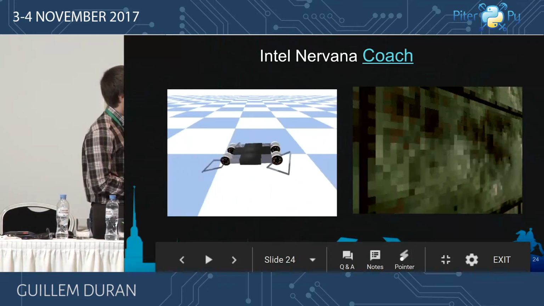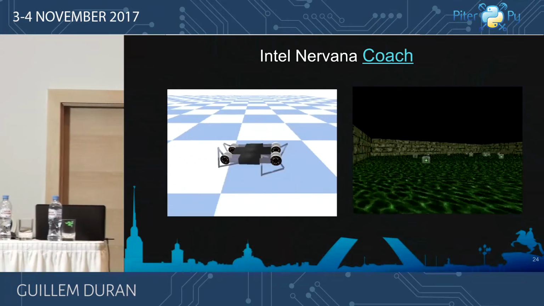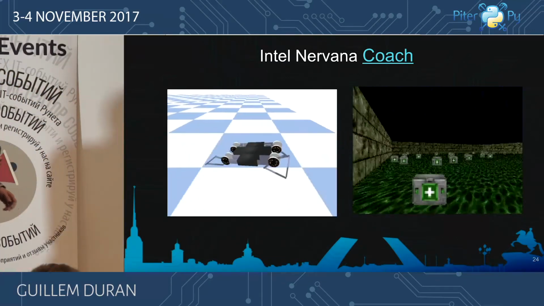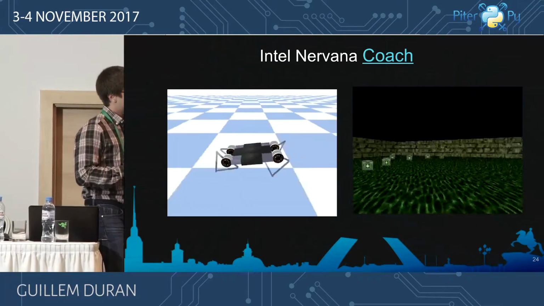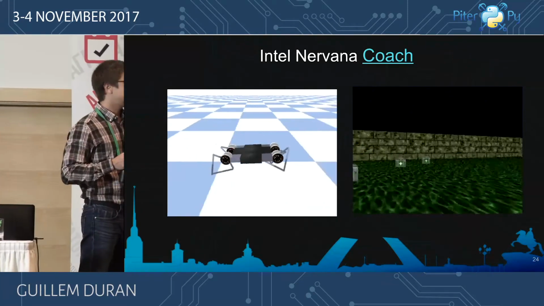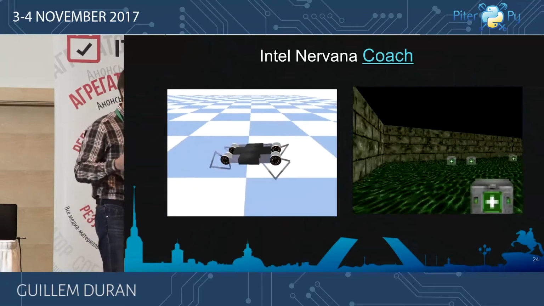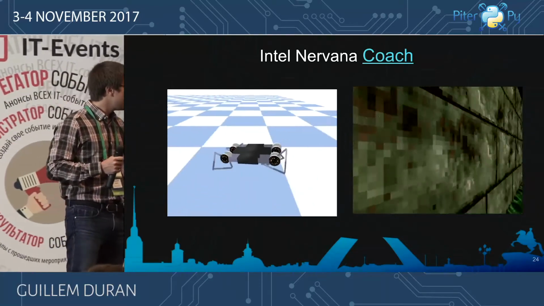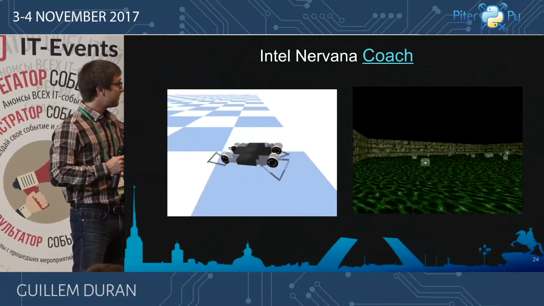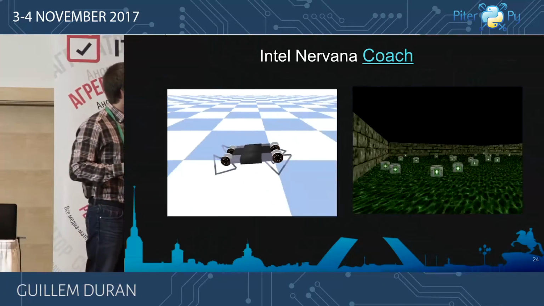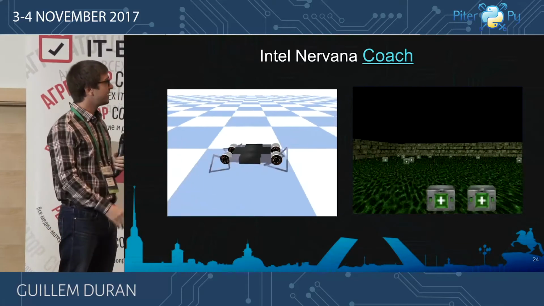Now let's talk about this Intel Nervana Coach library, which has been released very recently, but I find it pretty cool, because first, it's compatible with all the other libraries which use the OpenAI Gym interface. Like here, for example, we have a PyBullet robot which you need to make walk.